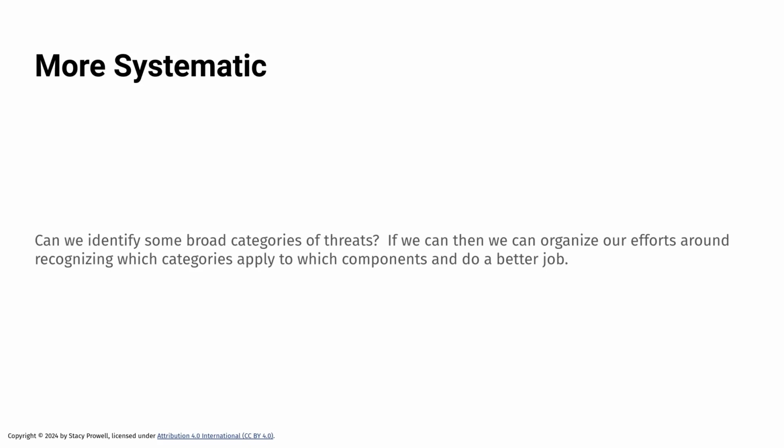We should think about those top threats, certainly. But maybe we can think about some broad categories of threats, and we can try to organize our efforts around recognizing which categories apply to which components, and then thinking about, well, it's this category of threats that apply to this particular piece, and let's think about that and try to list the threats associated with that.